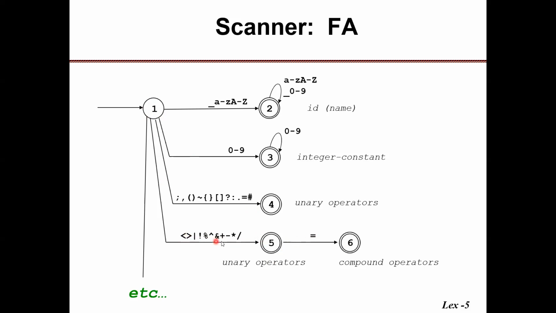So we'll take any one of these symbols here, which is different than this whole collection here, and we could transition into state 5. Once we're in state 5, we can stop here. That's why that's a terminal state, or we can accept an additional equal sign. If we used any one of these symbols followed by an equal sign, it transitions to state 6, and that's our terminal state there, and we can accept that as a compound operator.